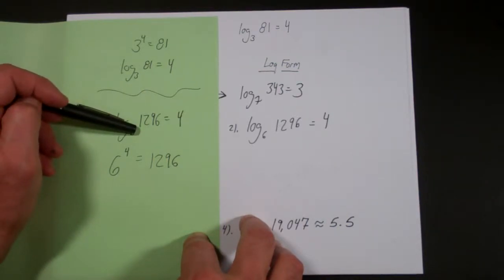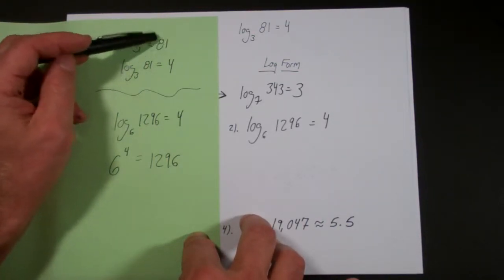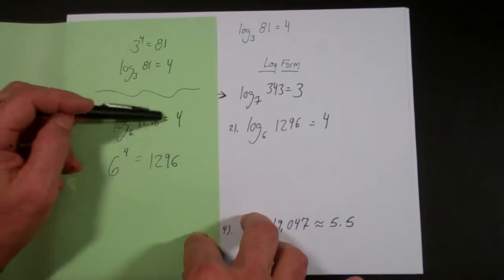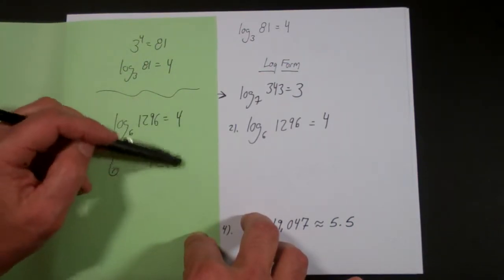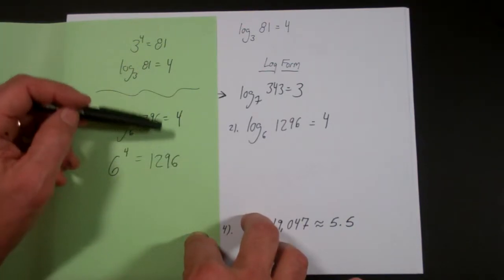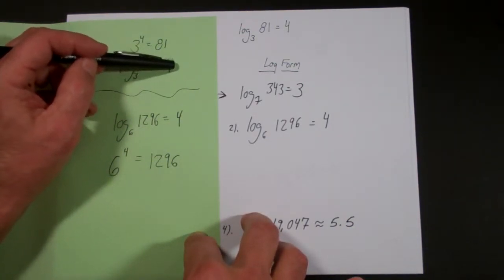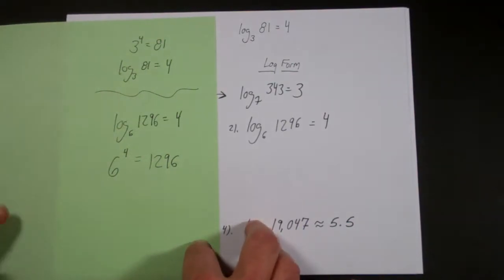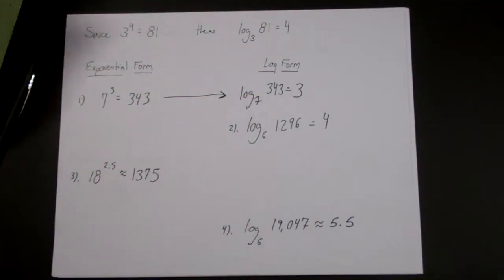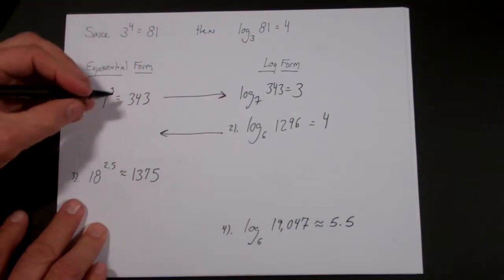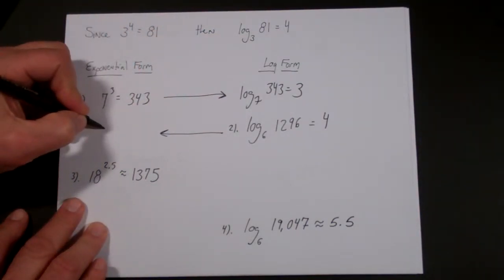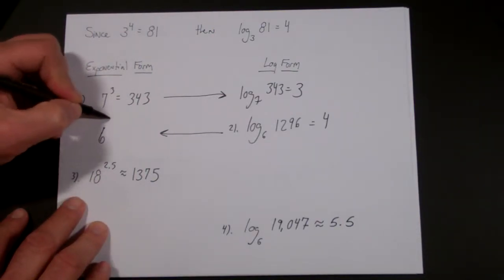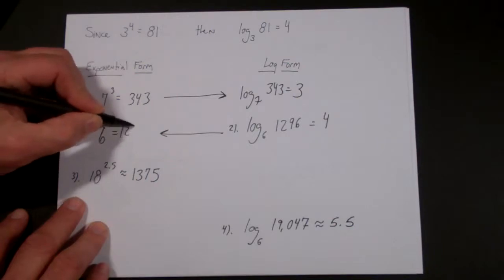The argument of the log becomes the result of the exponent. The answer to the log becomes the power of the exponent. So the way to write this would be 6 to the 4th is 1296.